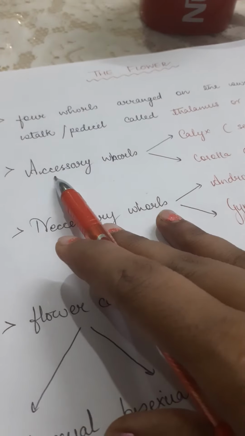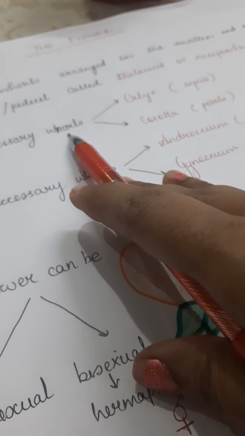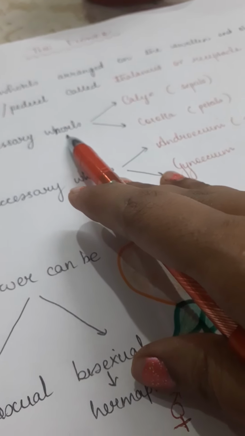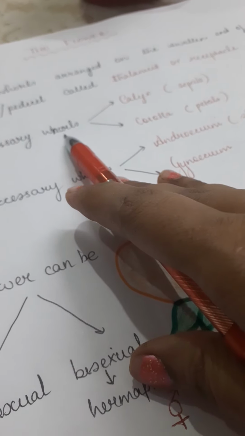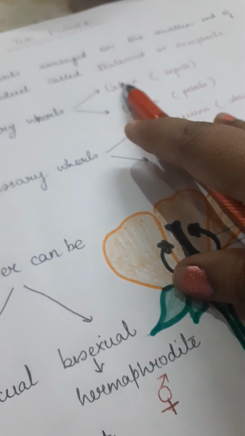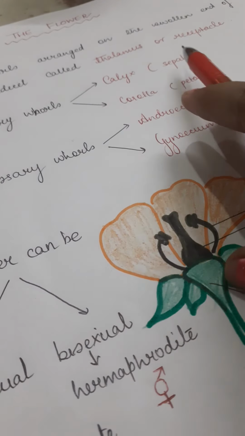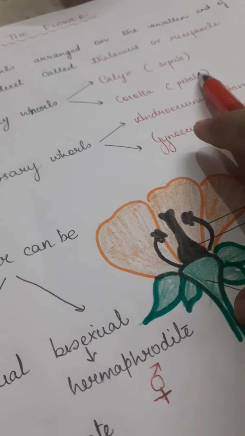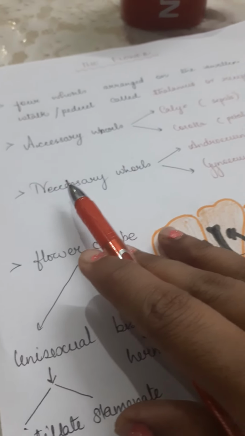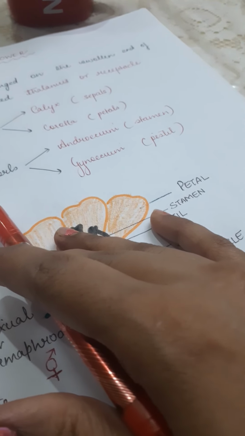Now you have accessory whorls, that means the whorls that facilitate and protect the reproductive organs. They are calyx and corolla. These are the plural terms, to which the singular terms are sepals and petals. And you have necessary whorls, that means the ones that are required for reproduction.